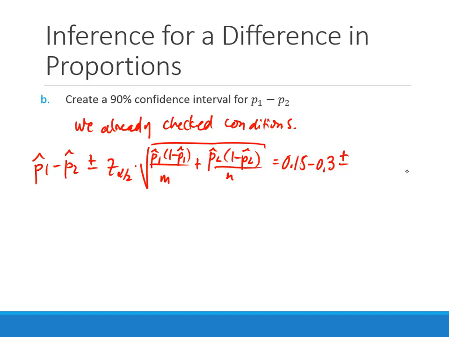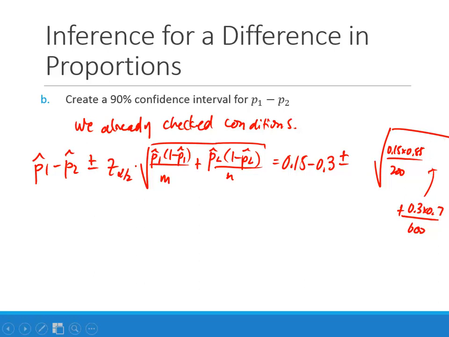So this is 0.15 times 0.85 over 200 plus 0.3 times 0.7 over 600. So imagine that's all under the square root.